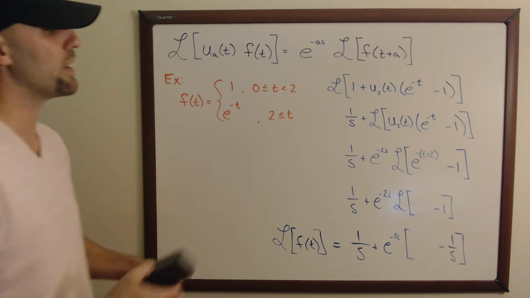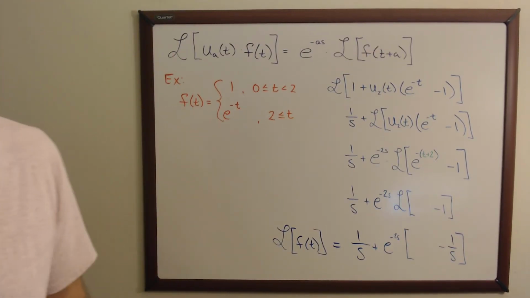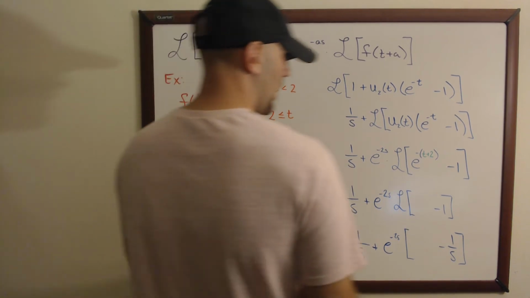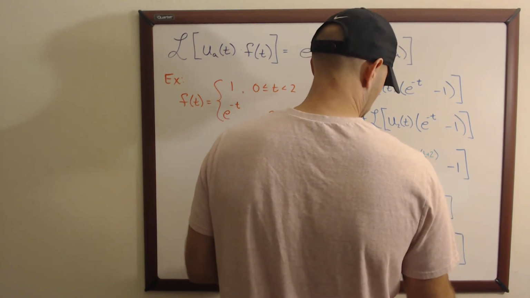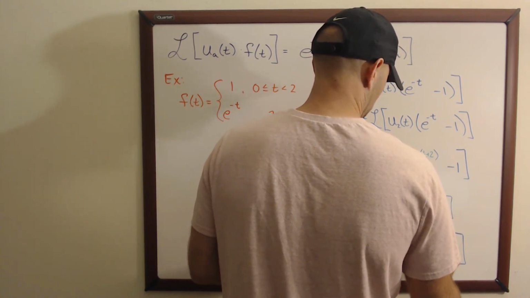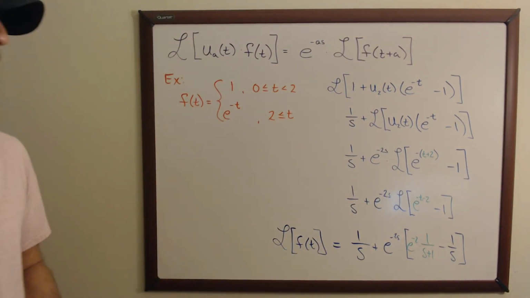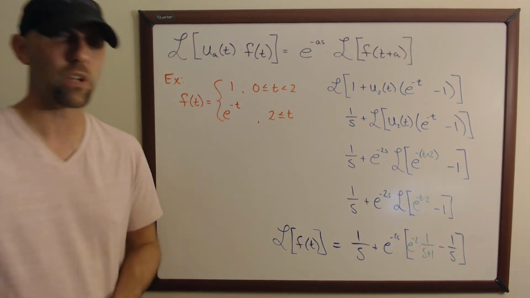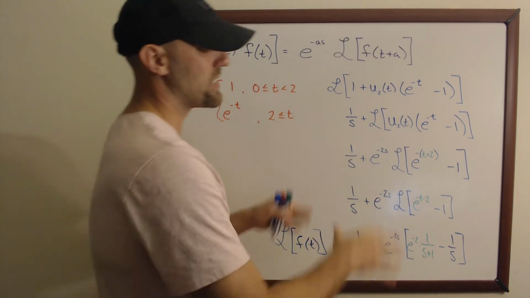So just make sure if things don't cancel and don't come out nice, sorry, the completionist in me is making me write this down. Make sure that you expand everything before you actually take your Laplace transform. Okay? All right, so overall, translating, not terrible.